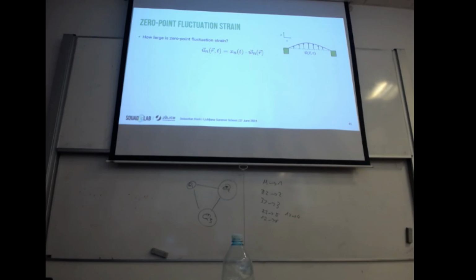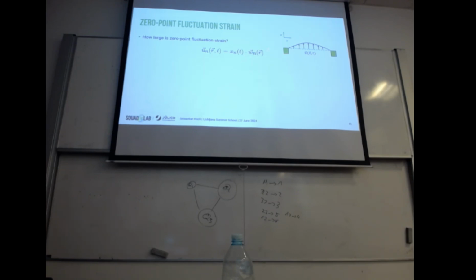Good. So, I mentioned the zero-point fluctuation strength, and this is actually just a property of the mechanical resonator, right? The mechanical resonator can be decomposed into mechanical modes, which are some pattern and a harmonically oscillating amplitude.